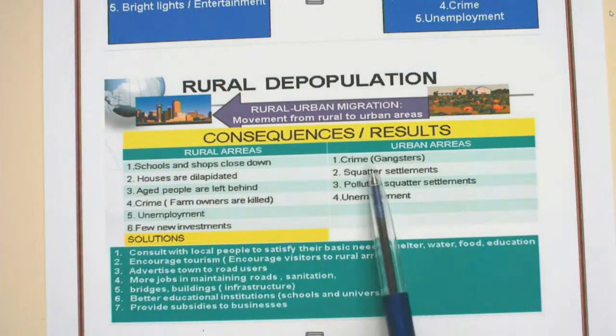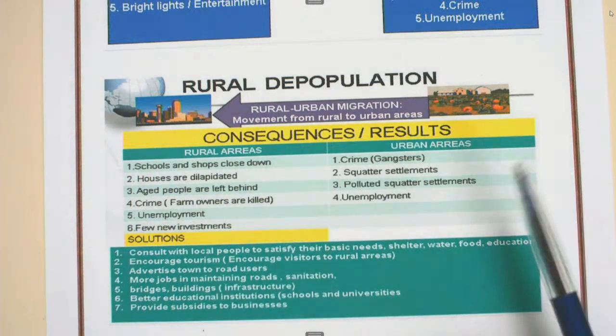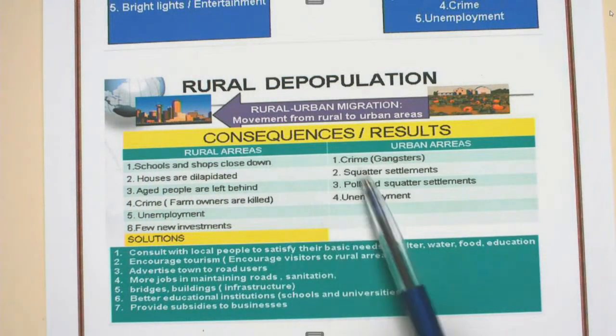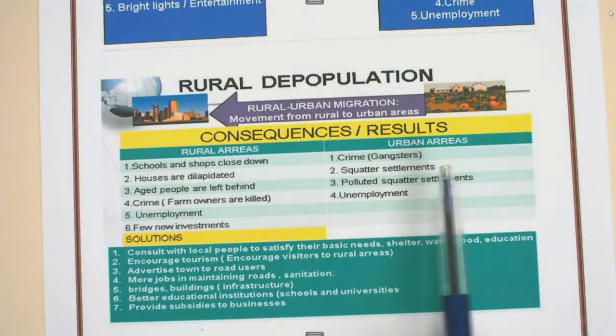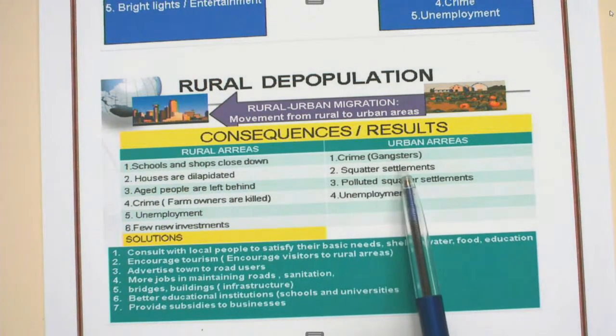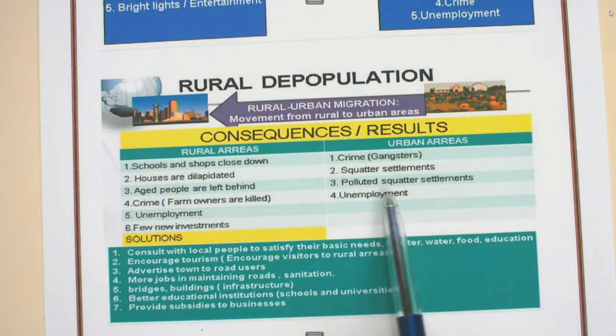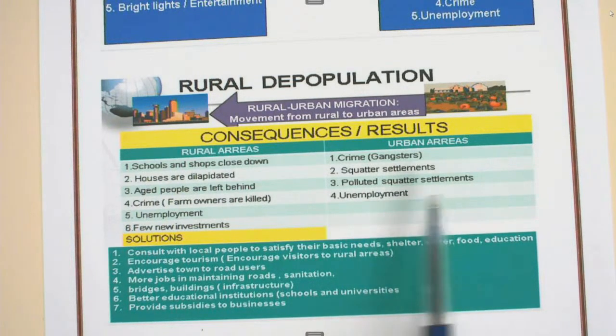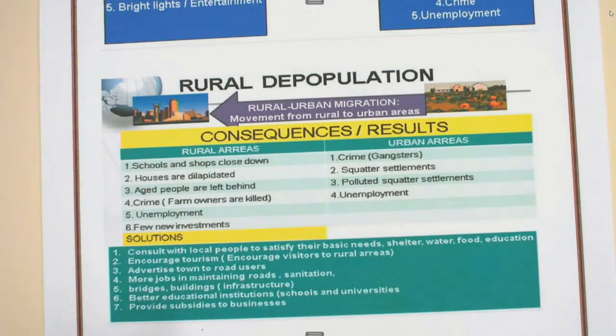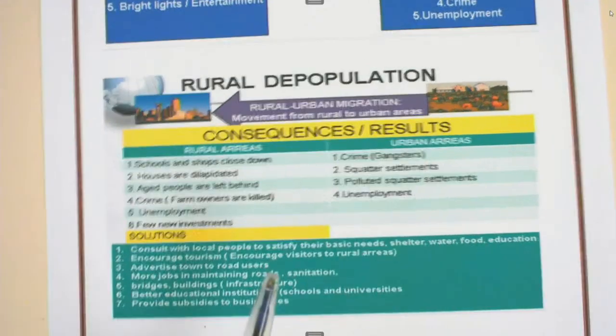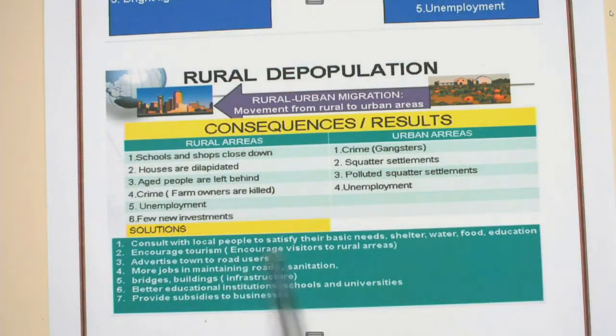In urban areas, because of more people that will have moved there, we are going to have gangsterism, encroachment of squatter settlements, polluted squatter settlements, unemployment, and other social problems such as rape and murders, etc.